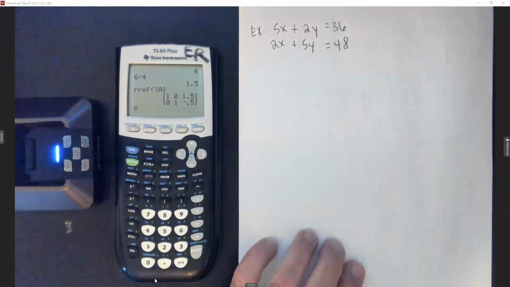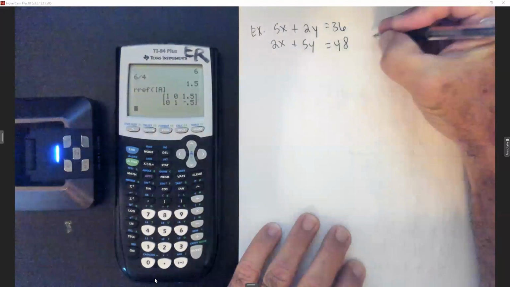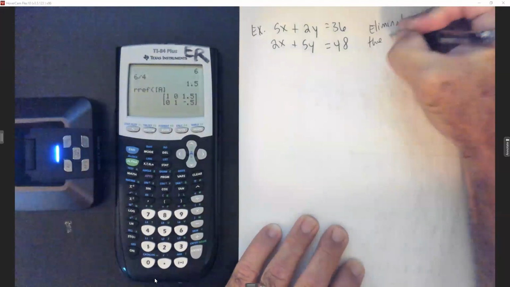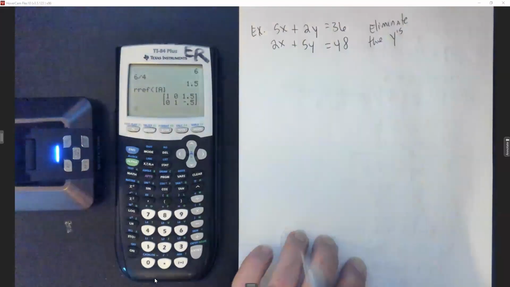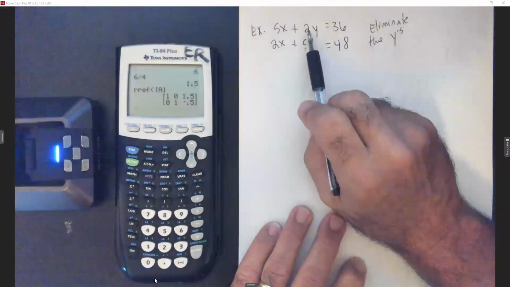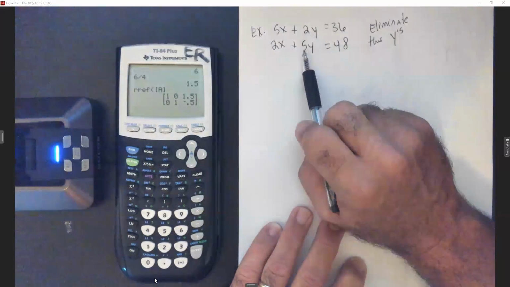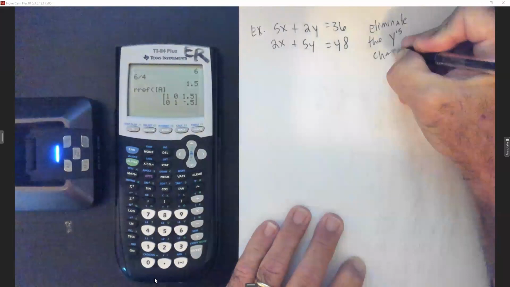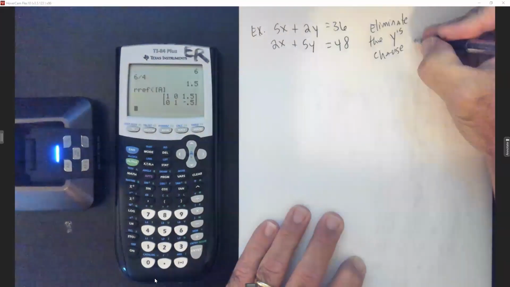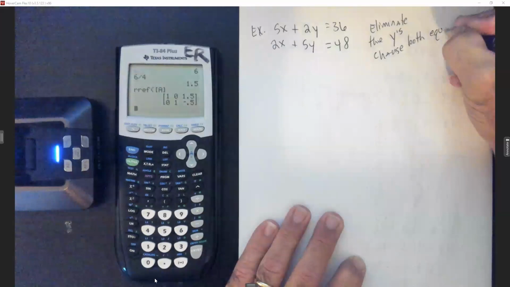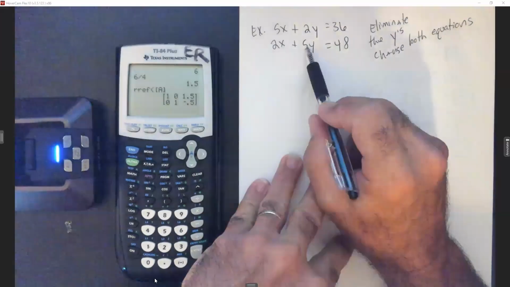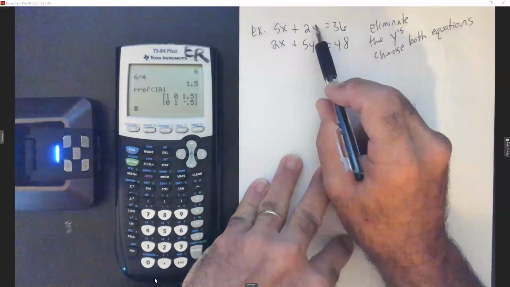I think I'll eliminate the y's. But notice, there's not a single number I can multiply 2 by to make a 5. So I'm going to have to change both equations. Okay? Now, one of these has to be multiplied by a negative because you have to have a negative and a positive.